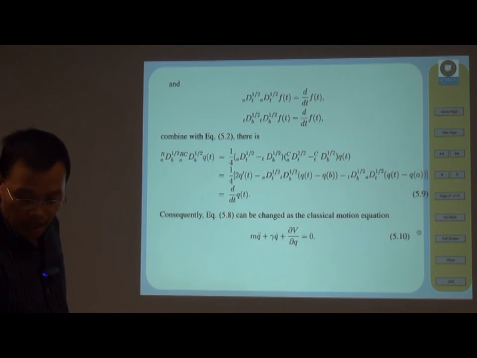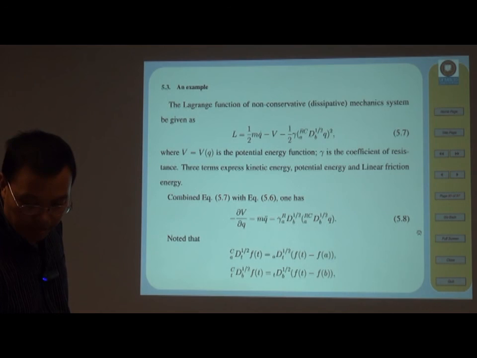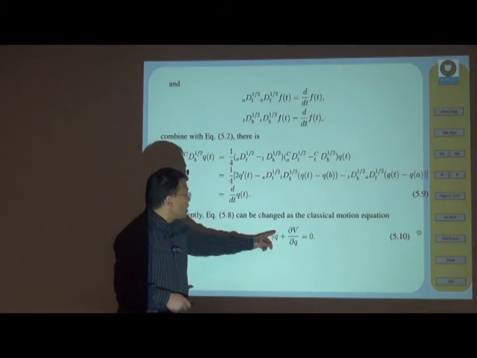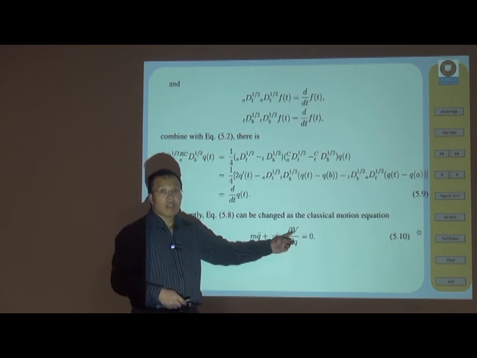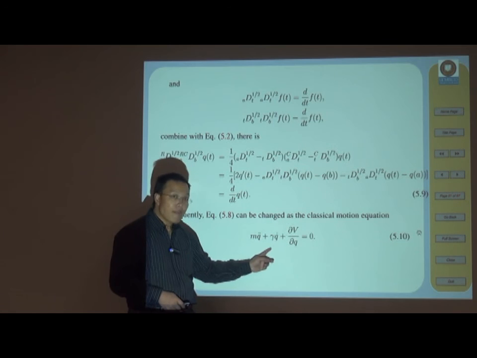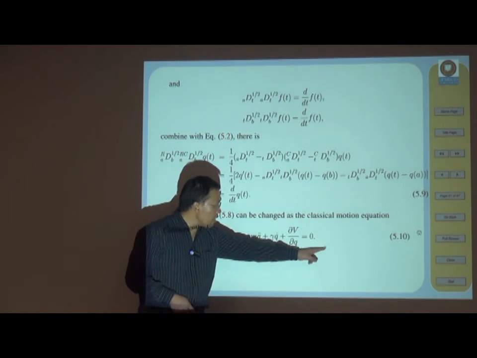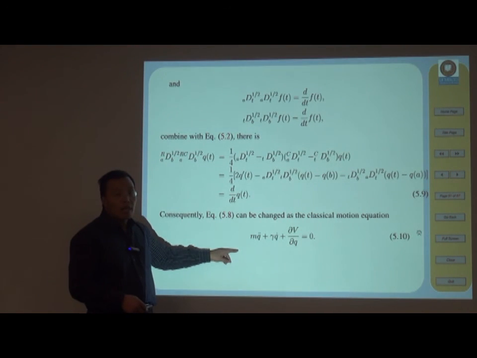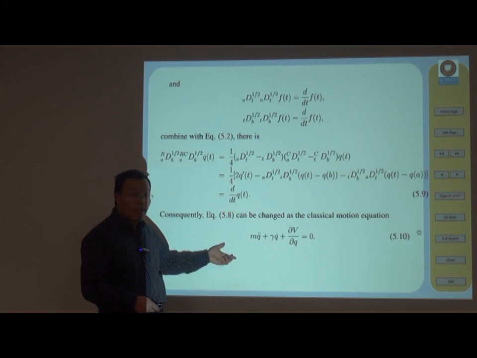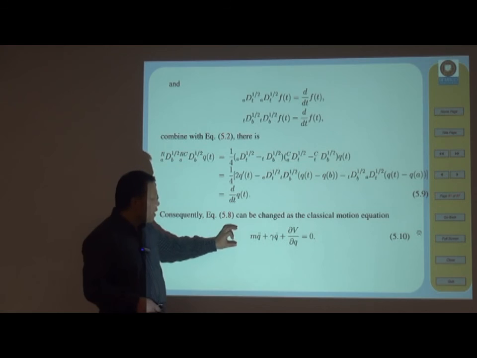And then we know that the classical motion equation here has a damping. It is the equation of a non-conservative mechanical system.